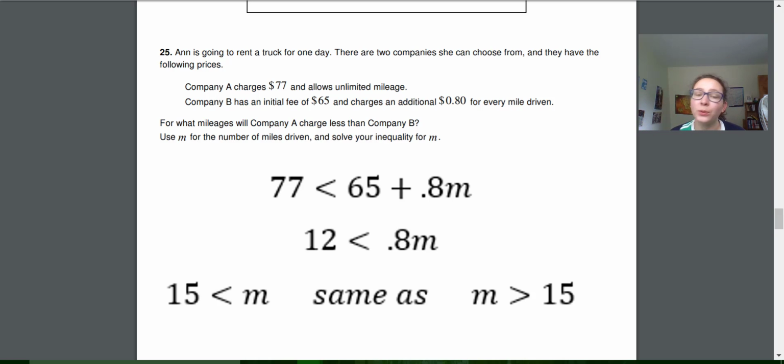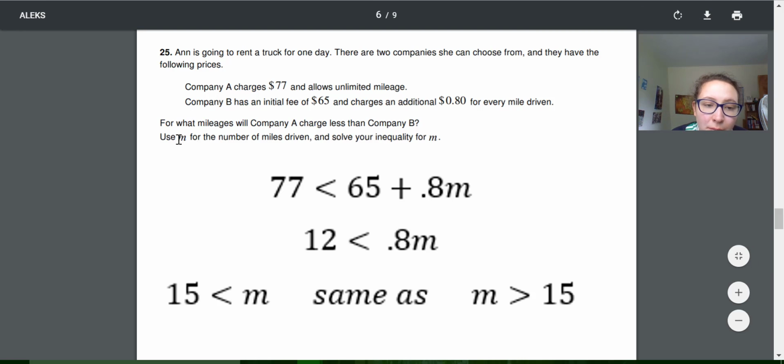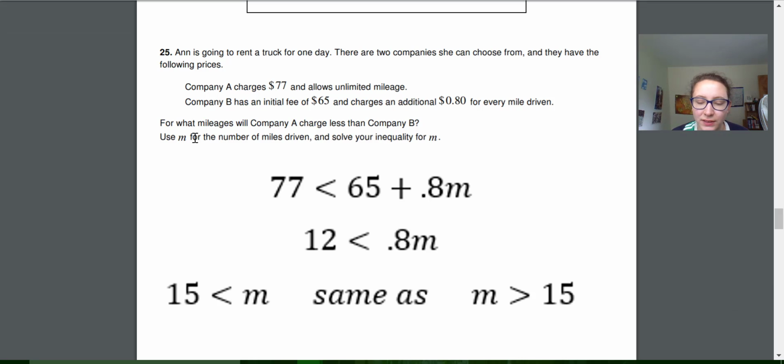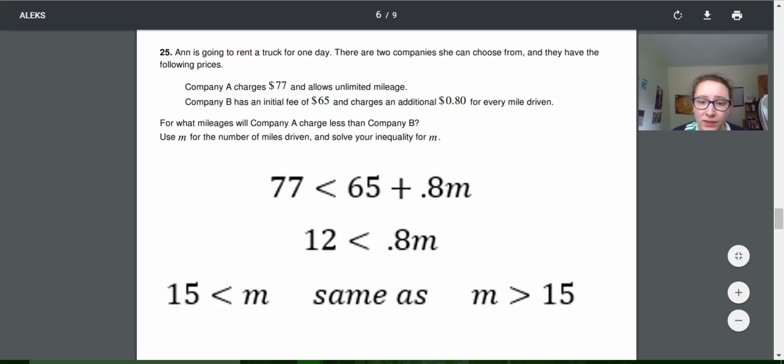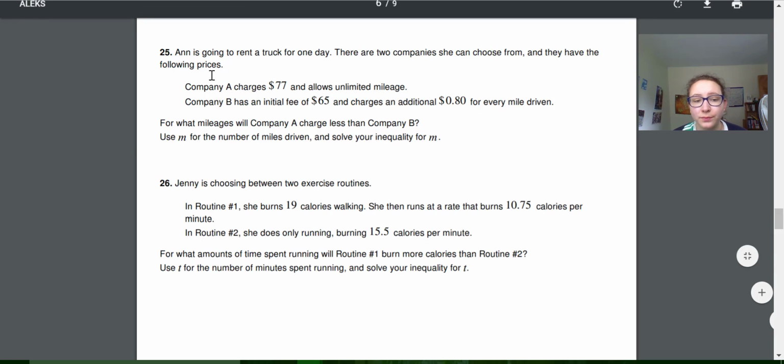But it's not, so it stays the same. So we know that when the mileage is greater than 15, because we have 15 is less than M, that's the same as saying M is greater than 15. So anytime you drive more than 15 miles, Company A would be a better deal.